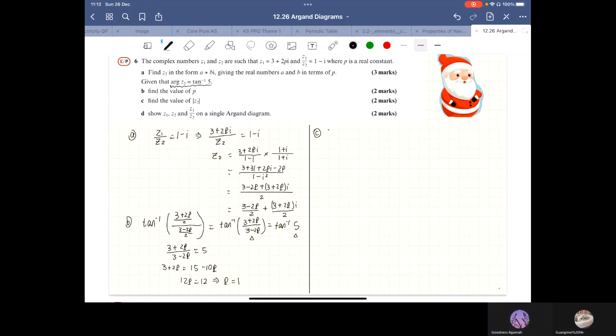Because p is equal to 1, therefore (3 minus 2p) over 2 plus (3 plus 2p) over 2 i, what we found earlier, is equal to, just substitute, 1 half plus 5 over 2 i. So we can already write Z2 in this form, so we can easily find the modulus of Z2. Can you tell me how I can find the modulus here?